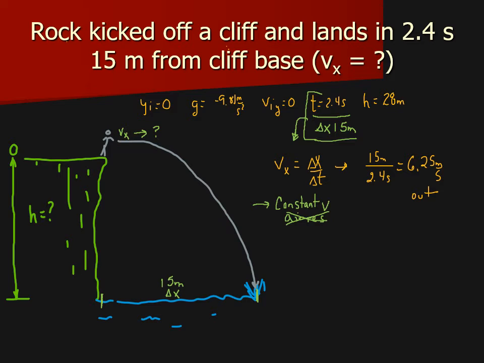So therefore, we can go back to our unit 2 equations, and we can use the constant velocity equations. So the velocity in the x direction, which is constant, equals simply delta x over delta t.